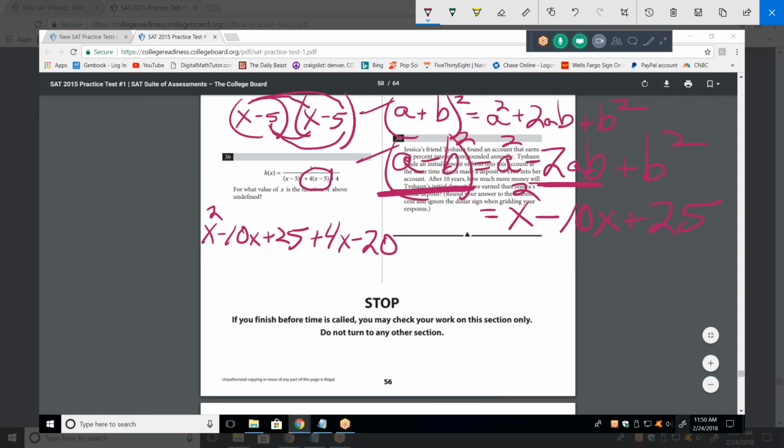And finally, the only thing left is that plus 4. That's what we want to set to 0. And I suspect this is going to turn into a very friendly quadratic. We only have one x. In other words, they're not going to give us a quadratic that you have to use the quadratic formula to solve.